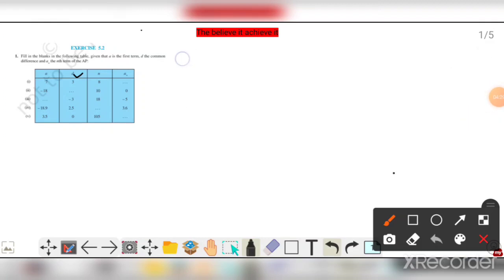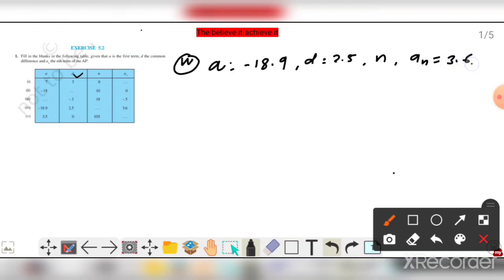In the fourth question, A is given minus 18.9, D is given 2.5. We have to find out n, and An is given 3.6. So again we'll put values in the formula. What is the formula?